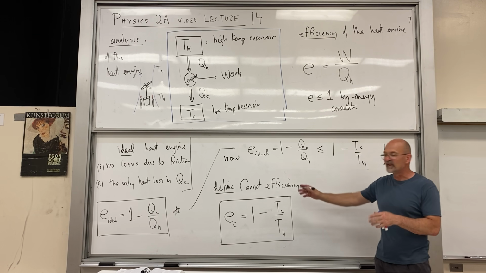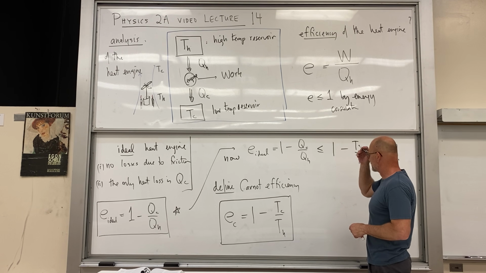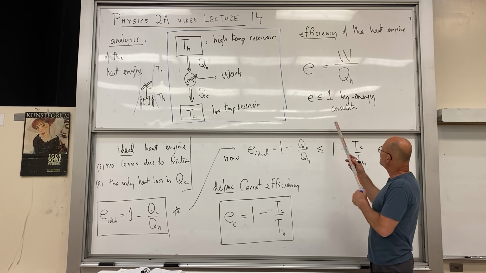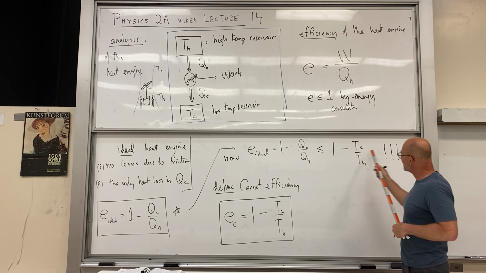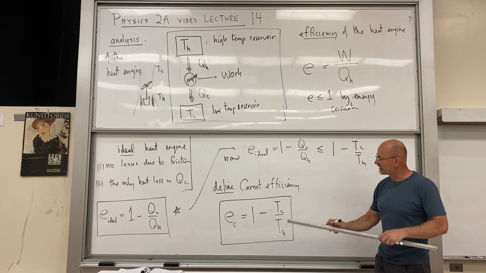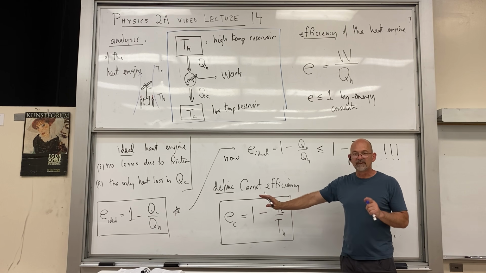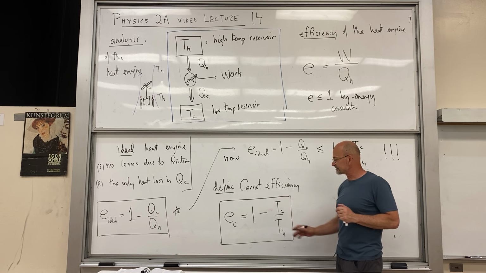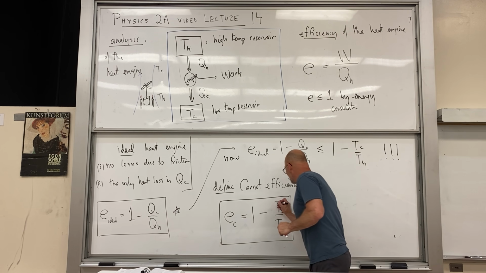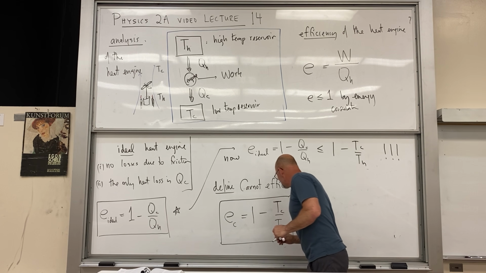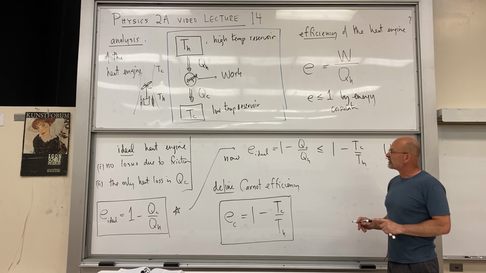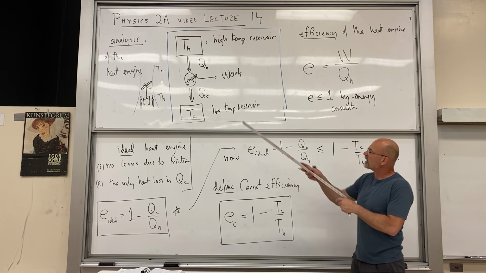Now I have to convince you that it's so important after we've done all this. The ideal engine has an efficiency less than or equal to this Carnot efficiency. So this is an absolute limit. This itself is a law of nature, and it's independent of the workings of the heat engine.